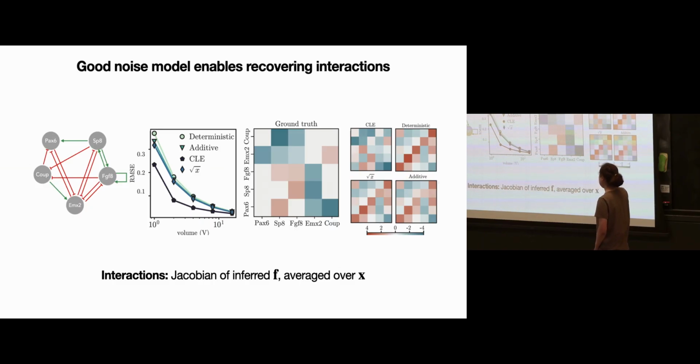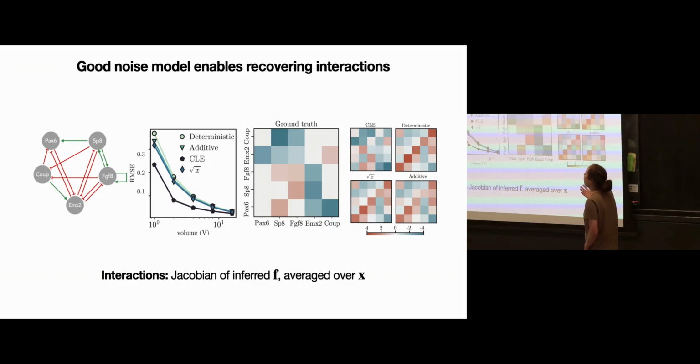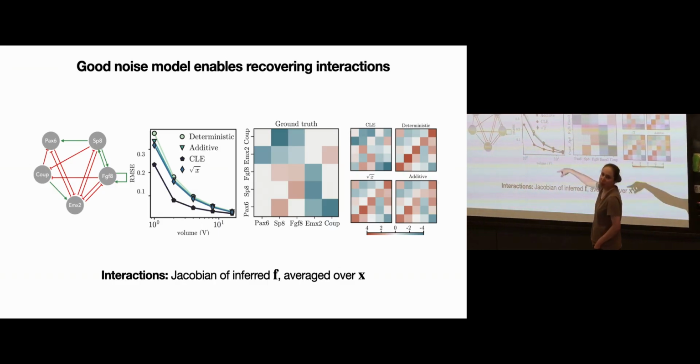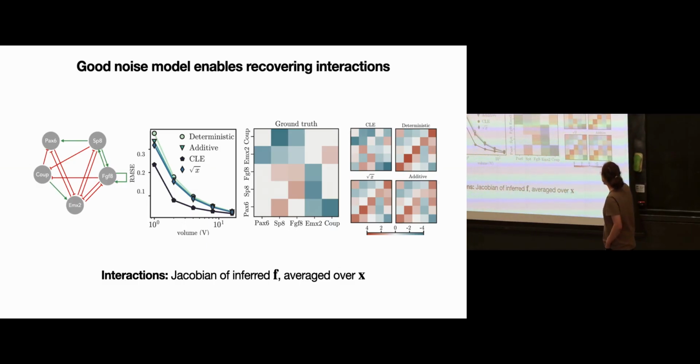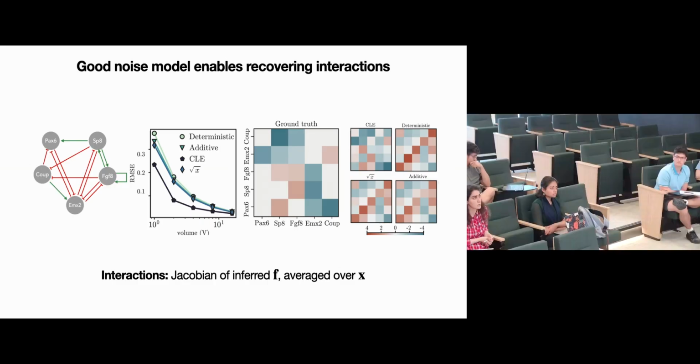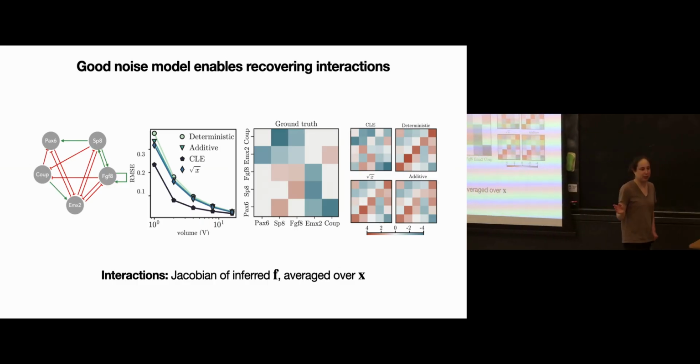They use a slightly different measure of interactions later. There's maybe some art to deciding exactly how to quantify the extent to which something represses or promotes something else. But the main point is that the correct noise model recovers the structure of this interaction matrix pretty well, whereas the incorrect ones are actually completely wrong.